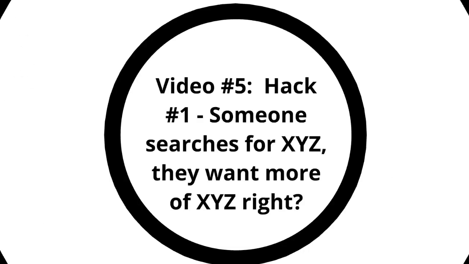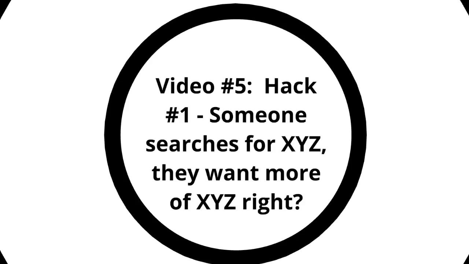Video number 5 is when we start to talk about the hacks. Videos 5, 6, and 7 will be hack 1, 2, and 3. Hack number 1 is all about this: when somebody comes to your website and everything is fast loading, they're searching for something specific. They might find it, but then they're going to look for more of it.